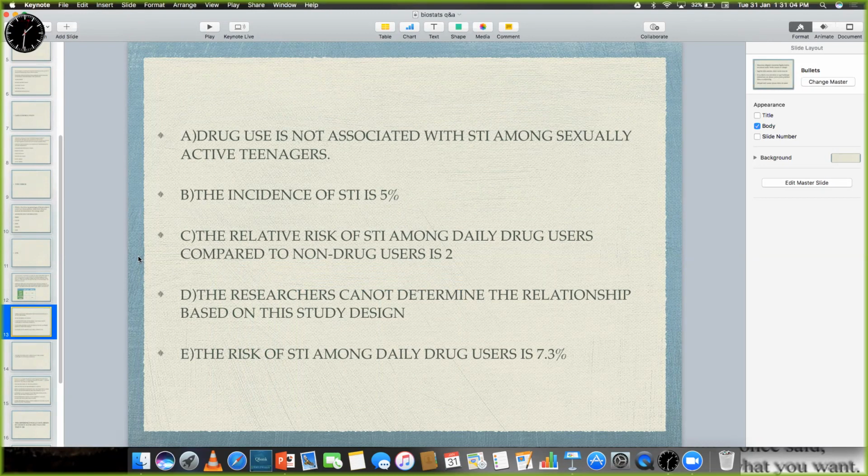The incidence of STI is 5%. The relative risk of STI among daily drug users compared to non-drug users is 2. The researchers cannot determine the relationship based on the study design. Or the risk of STI among daily drug users is 7.3%.